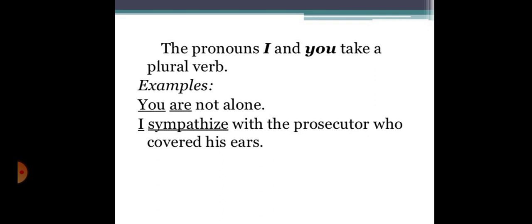For example, you are not alone. I sympathize with the prosecutor who covered his ears. In example 1, you are not alone. With you, we took the verb are, which is a plural verb. And in the next sentence, I sympathize with the prosecutor who covered his ear. We take the first form of the verb sympathize without adding s or es to that.